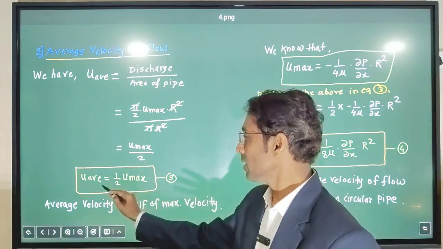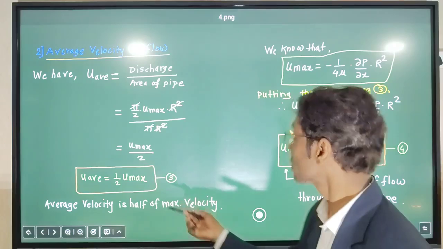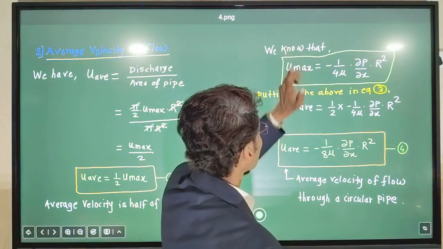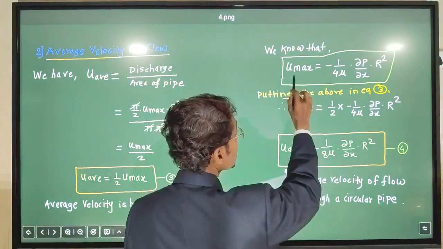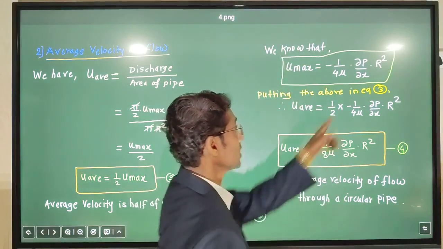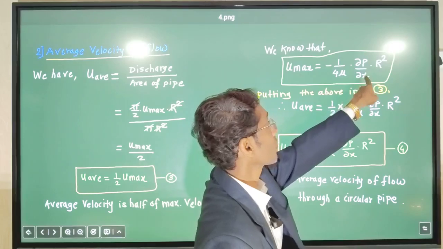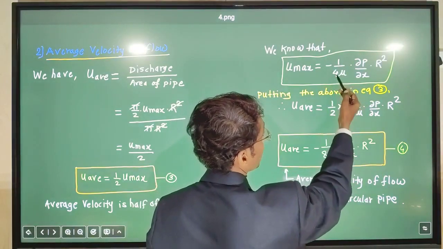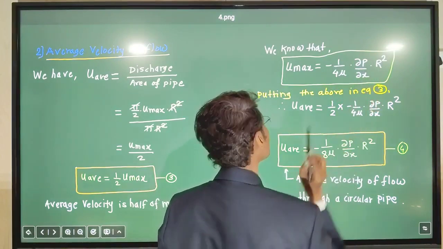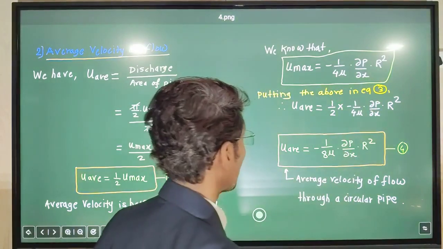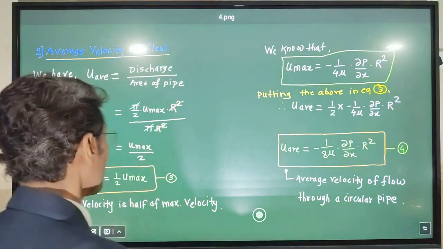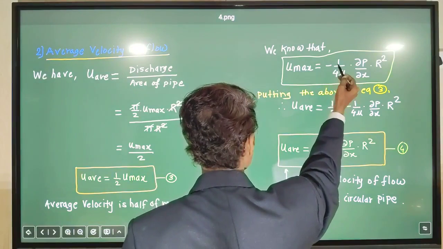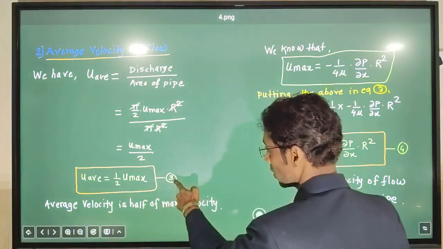Now we can write this average velocity in another way. For that, from the last video session we have the relation for maximum velocity in terms of pressure gradient that we will use here: minus 1 by 4 mu into pressure gradient into capital R square. Now we will put this u max expression in equation number 3.